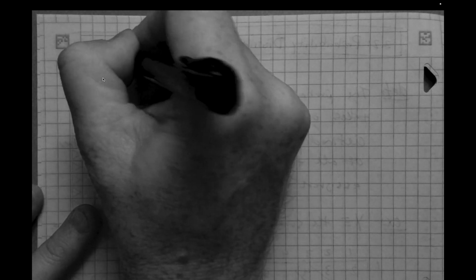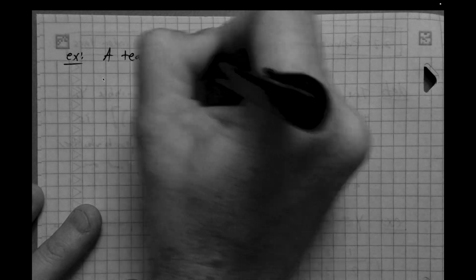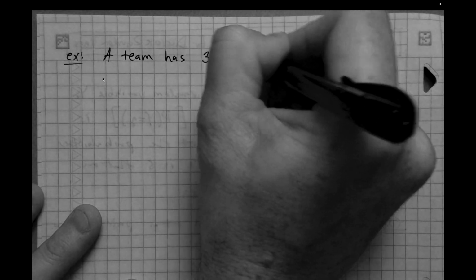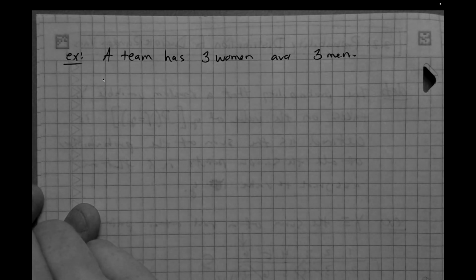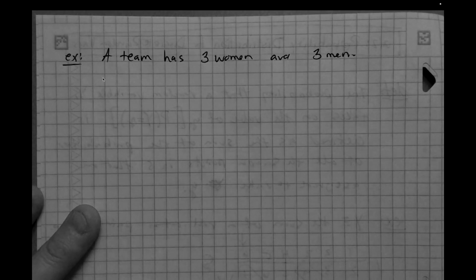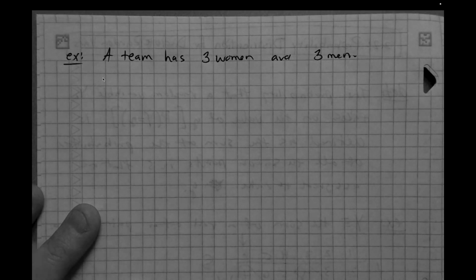So here's my example. Let's say a work team has 3 women and 3 men. They wish to select 2 workers at random for supervisor roles.